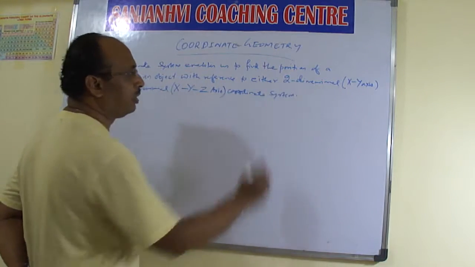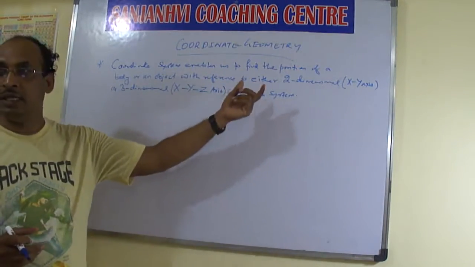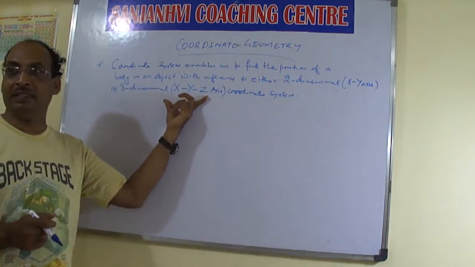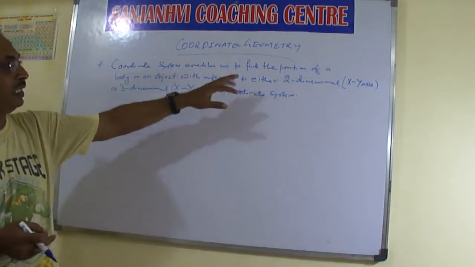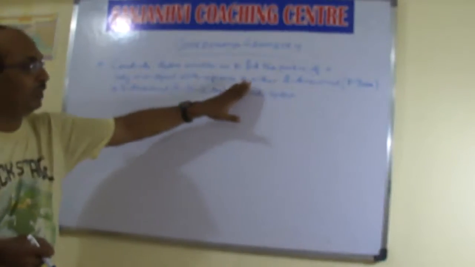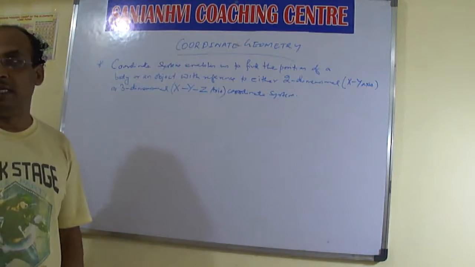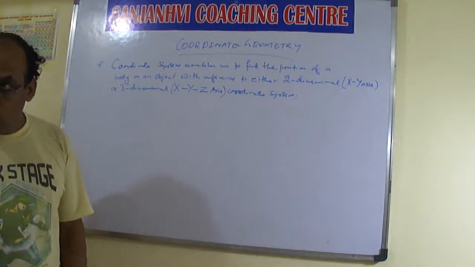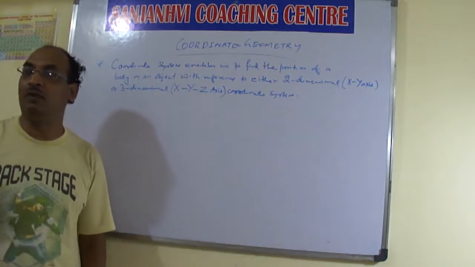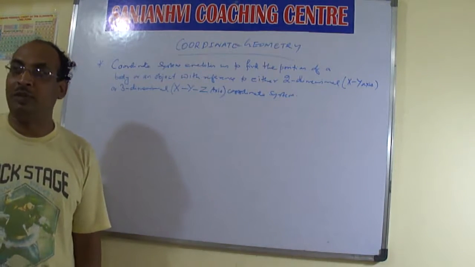So a coordinate system consists of major axes. If it is 2-dimensional, that is the X and Y axes. If it is 3-dimensional, 3 major axes, X, Y, Z. The location or position of any body or object with reference to these axes can be found out accurately and precisely, not roughly, not approximately.